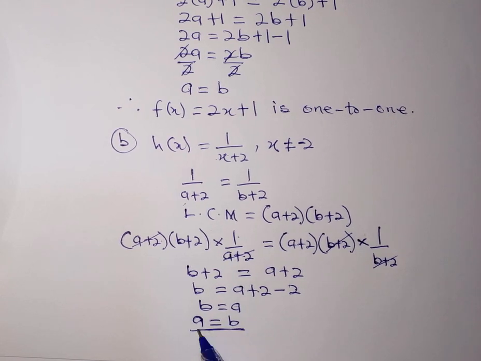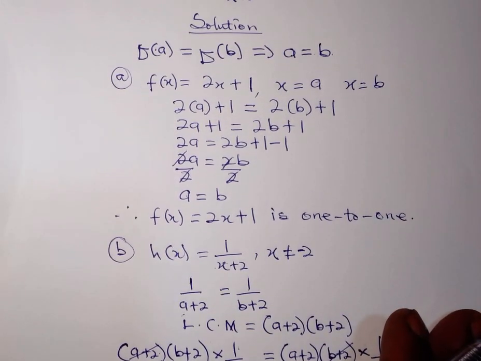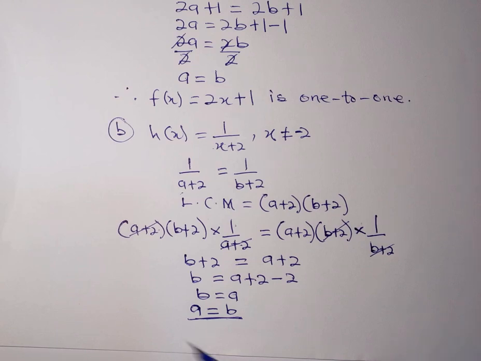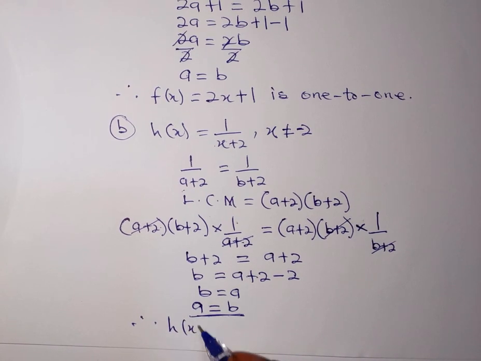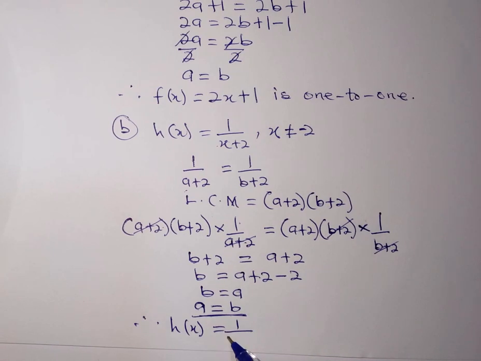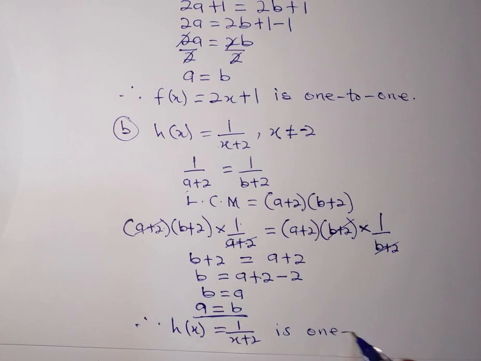So this one also suggests that a is equal to b, which also proves that the function is 1 to 1. So I can just write, therefore h at x is equal to 1 on x + 2 is 1 to 1.